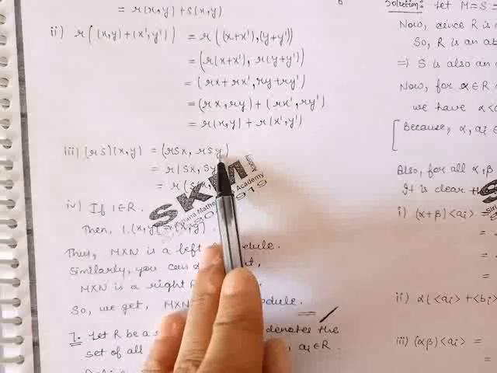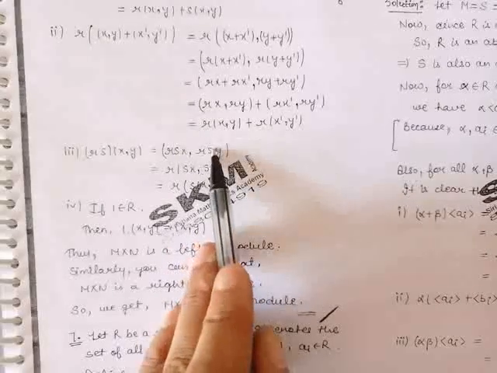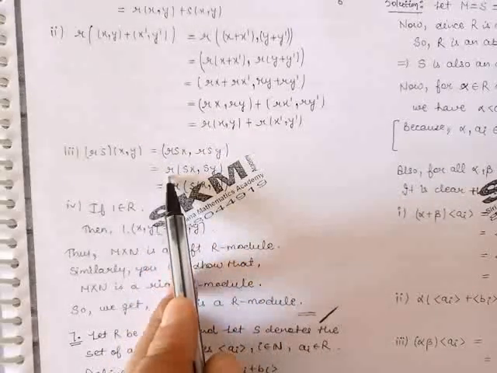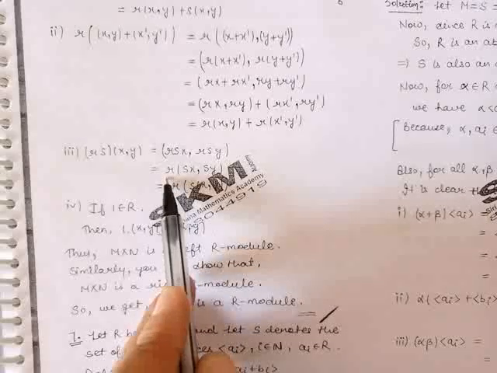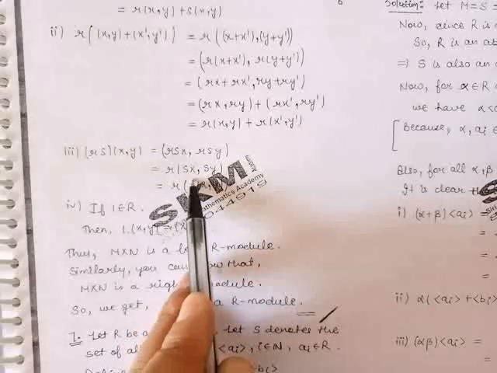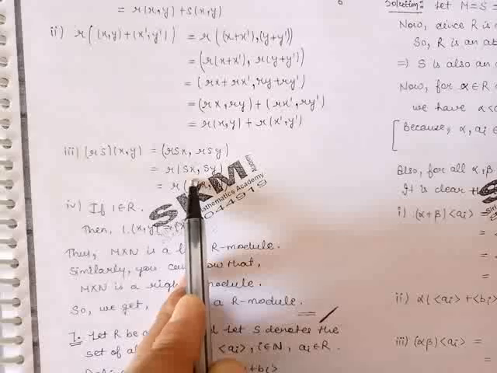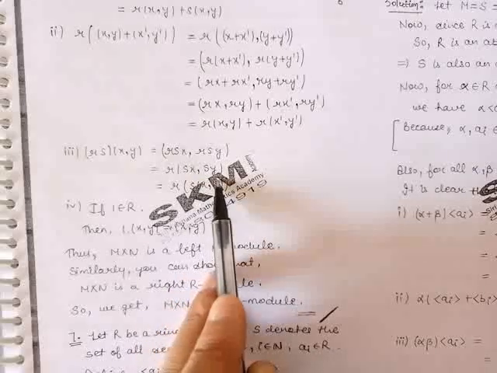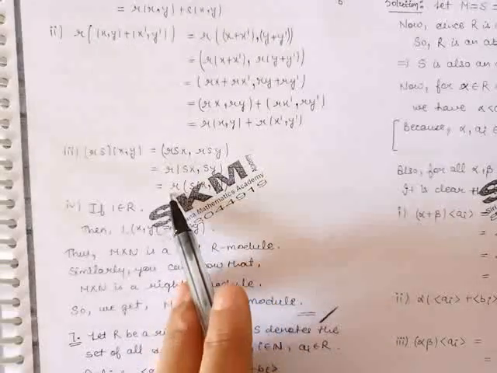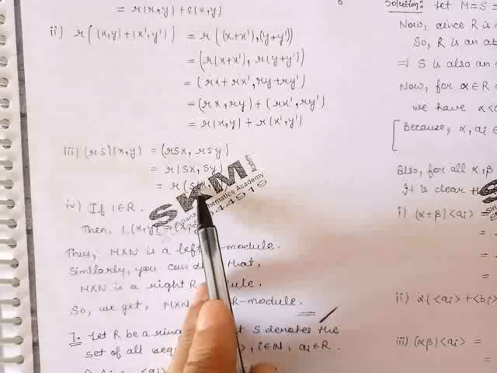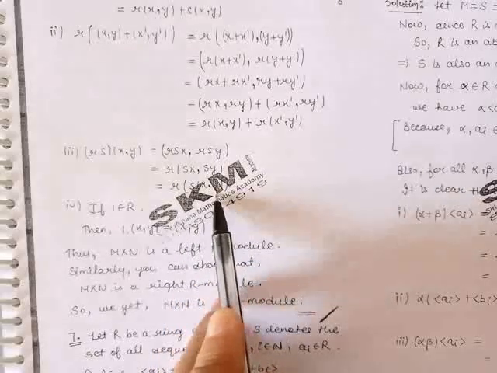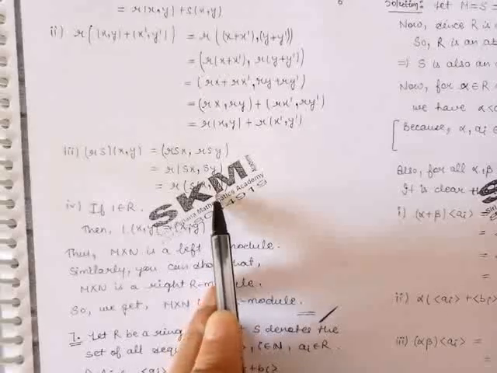Again, by definition of scalar multiplication, we can take the scalar r outside. So this can be written as r into the ordered pair formed by sx and sy. Now this can further be written as r into s into the ordered pair (x, y).